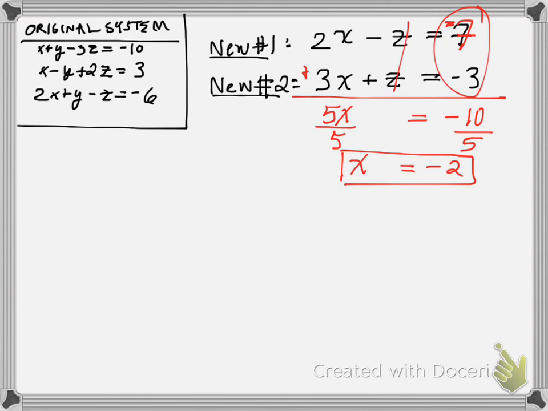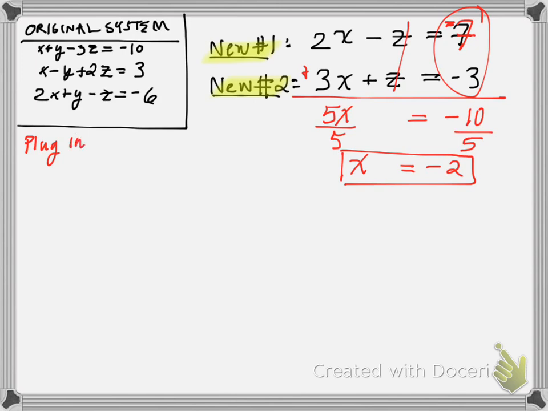So now that I have the first number, x equals negative 2, I can plug back into either one of these two equations right here to get a value for z. It doesn't matter which one we plug into, but we can't plug into an original because it also has the y variable, it won't give us just a number for z.